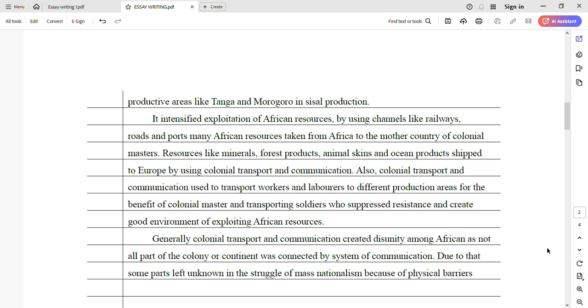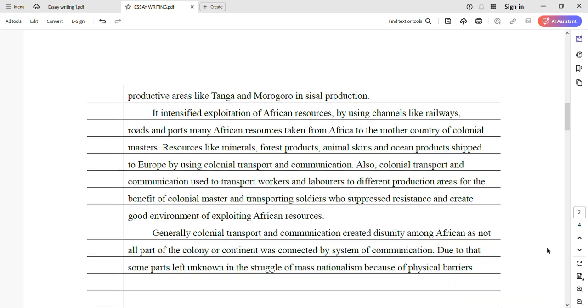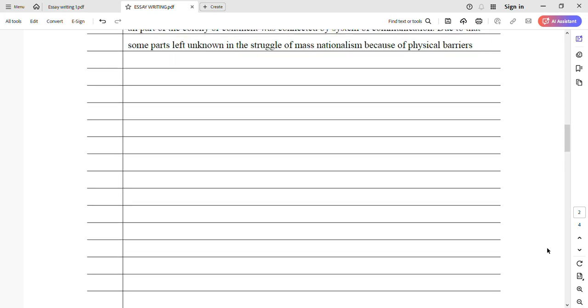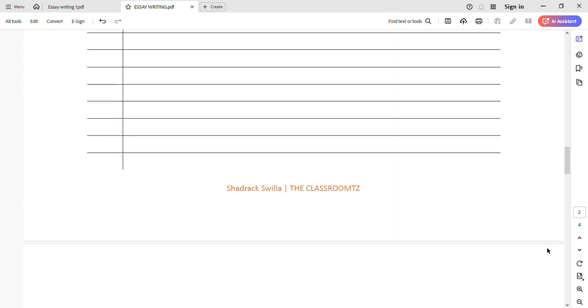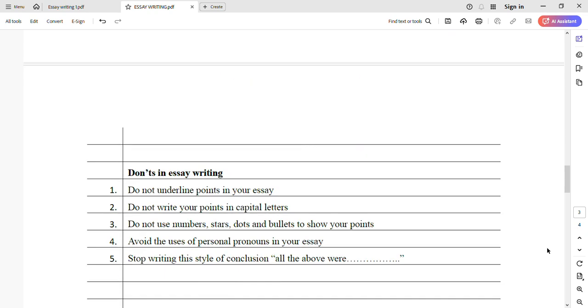Very, very important. So down here I attached some cases. We are saying things we are not supposed to write in an essay. Do not underline a point in your essay. Some students used to underline points to show emphasis, as markers to observe their point, not necessarily to underline.